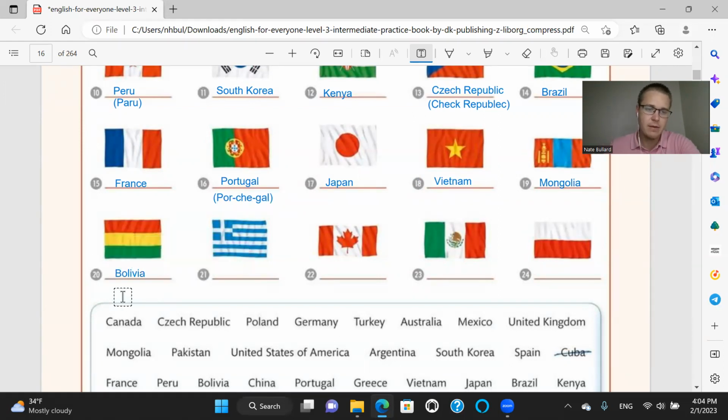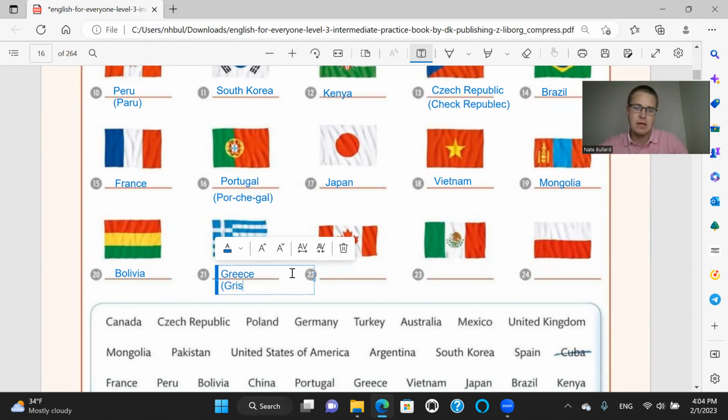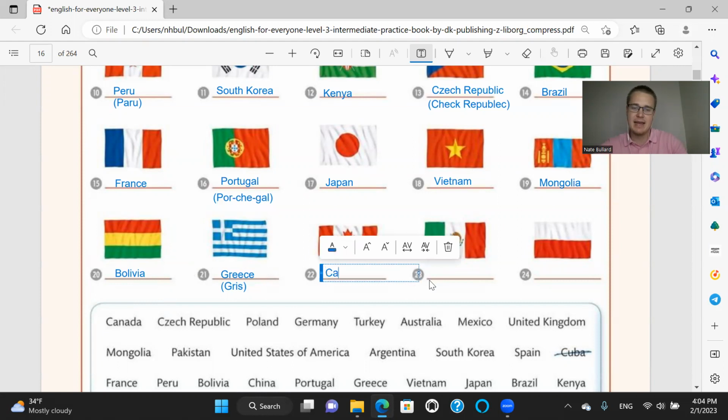Number 21, Greece. Suena así como el color. Greece. Number 22, Canada. Canadá en español, Canada en inglés.